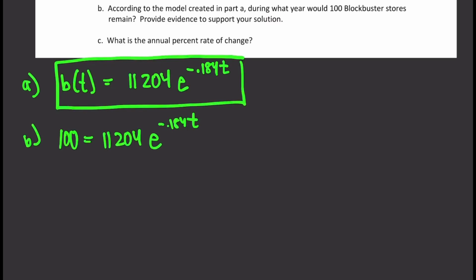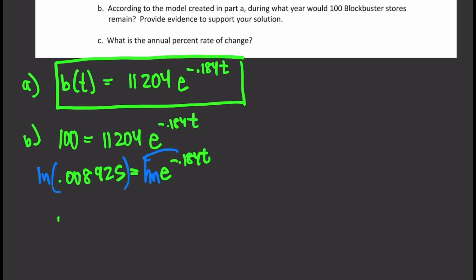So again, we've seen this a lot. Divide by 11,204. I got 0.008925 equals e to the negative 0.184t. And we're going to take the natural log of both sides. And that exponent is going to come out front.